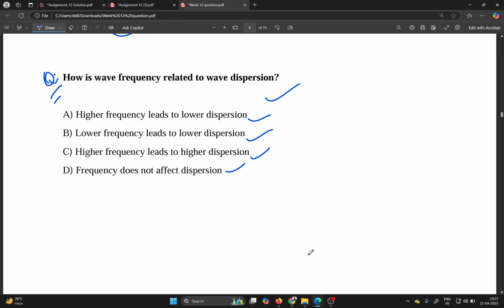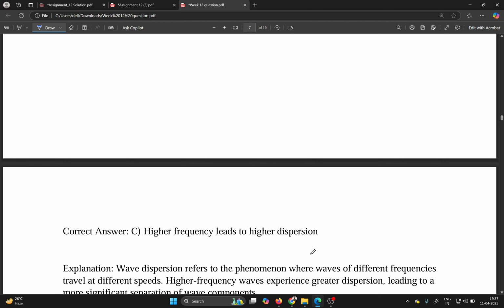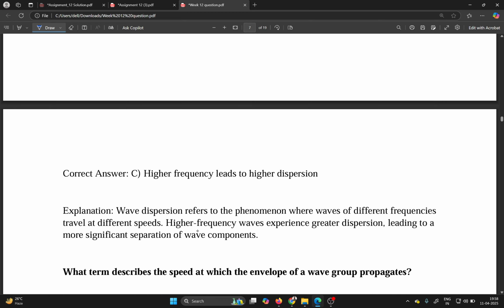So the answer is C, higher frequency leads to higher dispersion. Remember please. Higher frequency leads to higher dispersion. Wave dispersion refers to the phenomenon where waves of different frequencies travel at different speeds, and higher frequency waves experience greater dispersion, leading to a more significant separation of wave components.